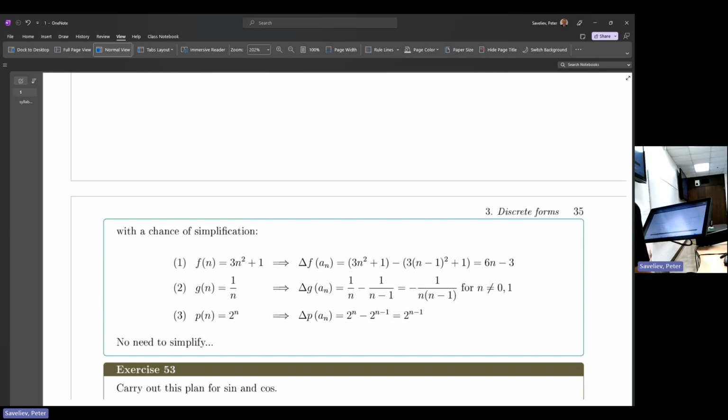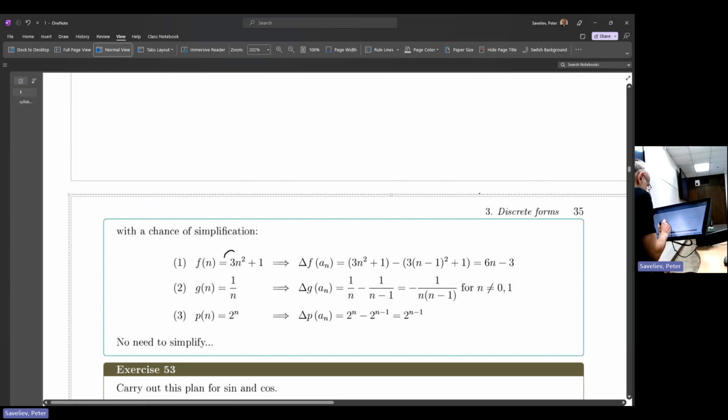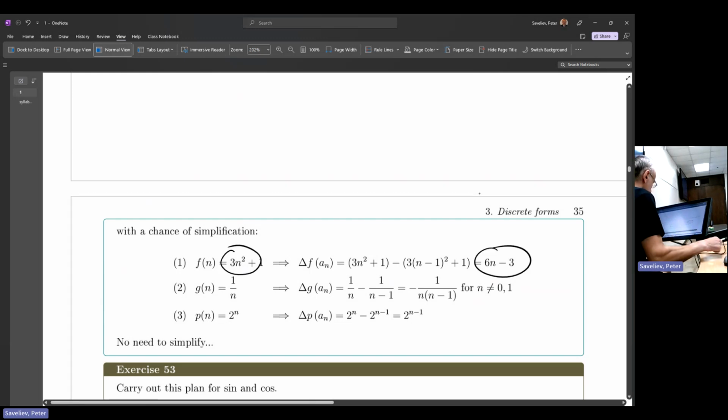But you can simplify. So if your function is 3n squared plus 1, I do the difference, and I end up with 6n minus 3. If you compare these two, does it ring a bell in any way?